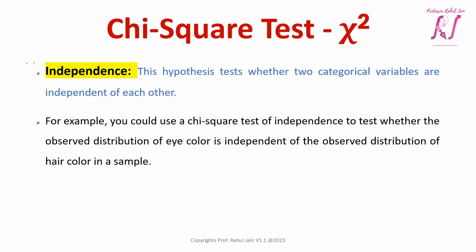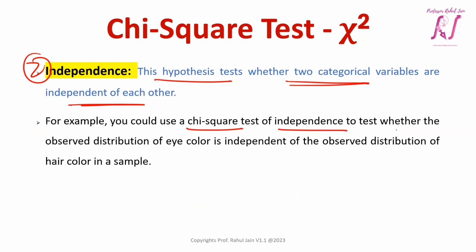And the second one is independence. This hypothesis tests whether two categorical variables are independent of each other or not, right? For example, you can use the chi-square test to test the independence of any two variables, like whether the distribution of eye color is independent of the observed distribution of hair color or not.